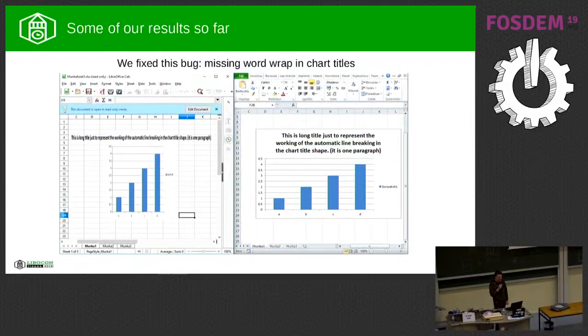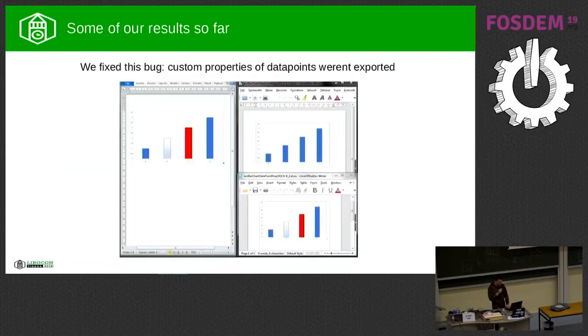Some of our results so far, for example, we fixed some word wrap error in the chart titles. We are talking about OXML export or import, docx or xlsx, such files. This is about custom properties of data points.